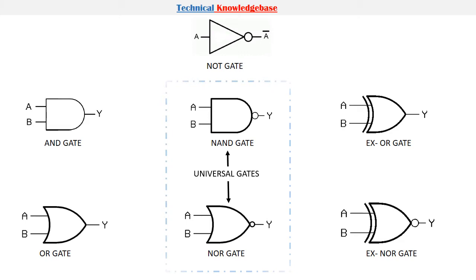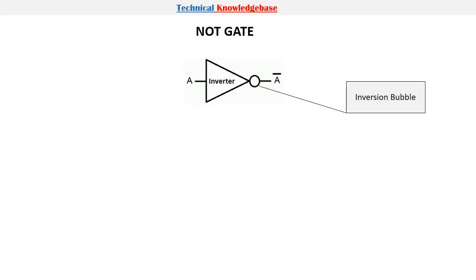Now we move forward to study the gates one by one. First we will study the NOT gate. You see the symbol for the NOT gate. The NOT gate is also called an inverter. It looks like a triangle pointing to the right with a circle at its end. This circle is also called an inversion bubble.